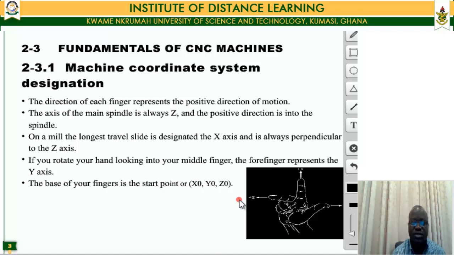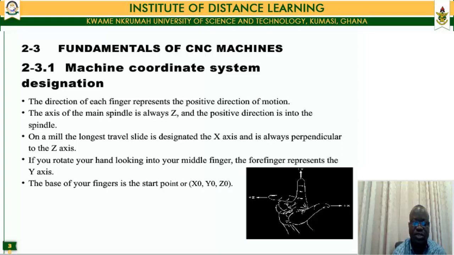So on a CNC mill, the x and y axes are designated along the travel of the mill, and the z is the vertical axis, which holds the tool, and the y is the travel into the bed of the machine. I will show you the designation when we get to the CNC mill very shortly.